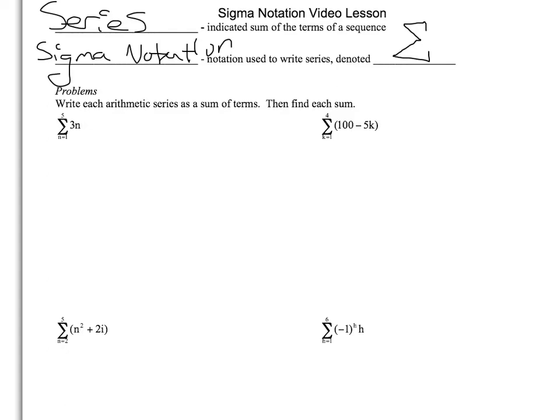So if you look, it says n equals 1 up till 5 of 3n. What you're going to do is plug the numbers 1 through 5, so 1, 2, 3, 4, and 5, into the n and add up your answers.